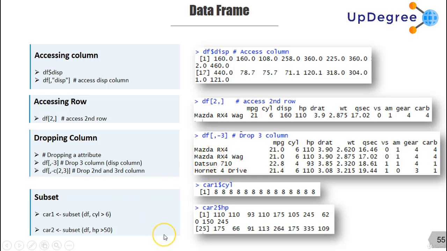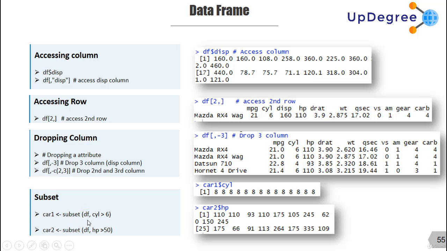which we will see in the demo. And the fourth one which we would learn is subsetting. What if you don't want to see all the rows of that column, you want to see only those observations or those car brands where the cylinder value is more than 6 or the horsepower is more than 50? You create a new data frame called car1 using the subset function.